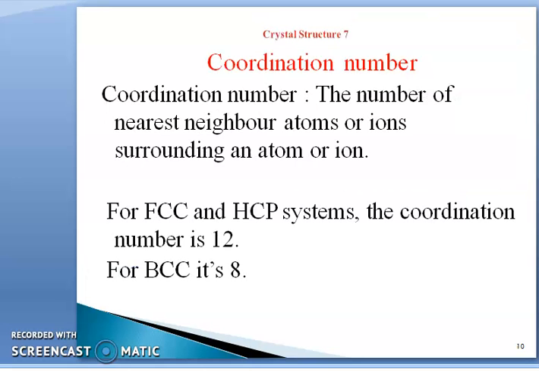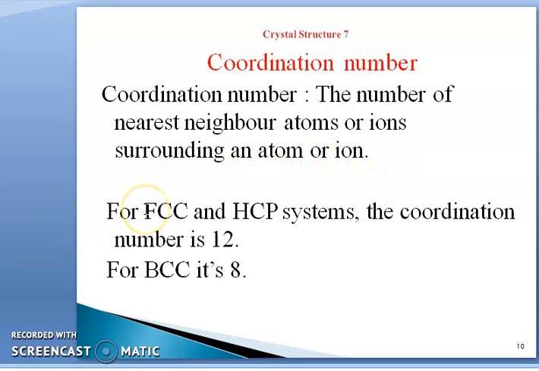Now we discuss coordination number. What is coordination number? The number of nearest neighbor atoms or ions surrounding an atom or ion. Coordination number is nothing but the number of nearest neighbor atoms or ions surrounding an atom.